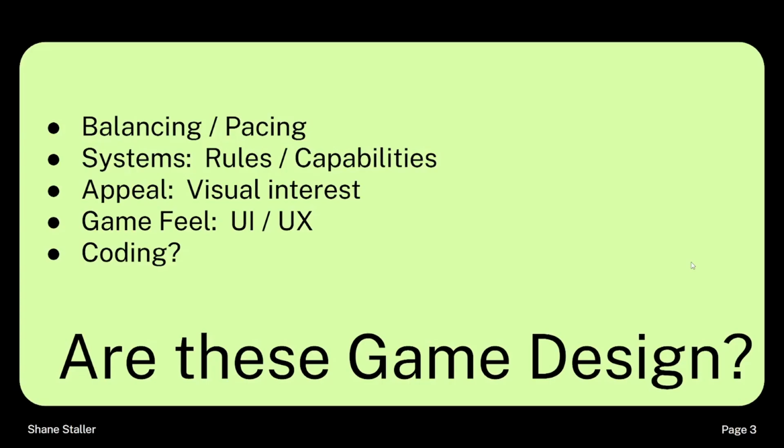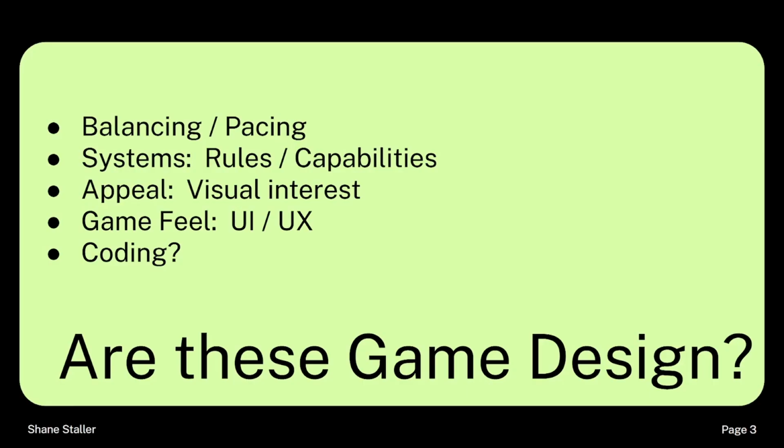So, what is game design? Are these game design? A lot of people bring up balancing and pacing of the game, tweaking numbers. There's systems design. These are often the rules and the capabilities that the player has, what you are doing in the game and how those interactions inform the gameplay.